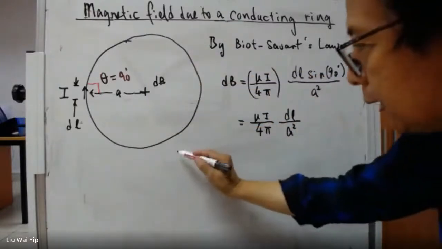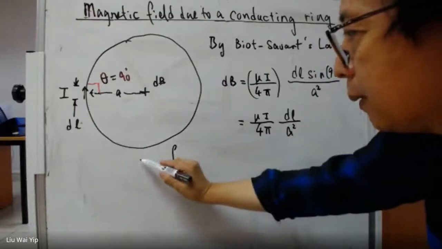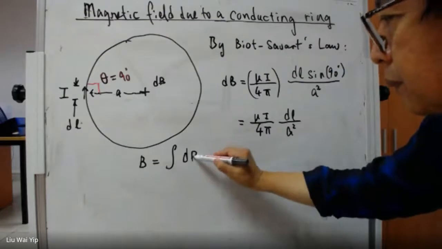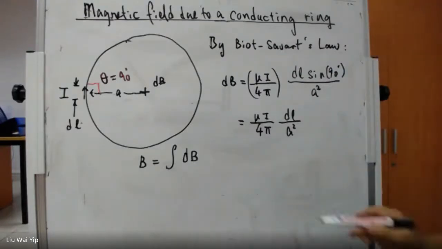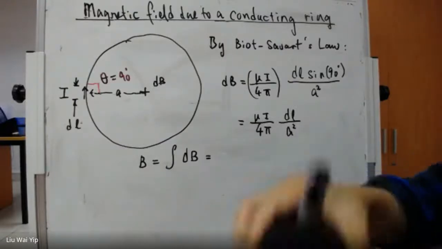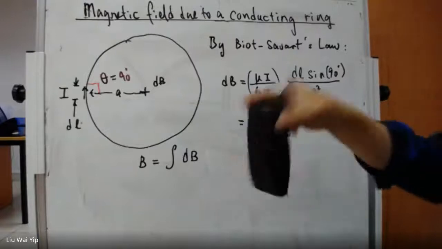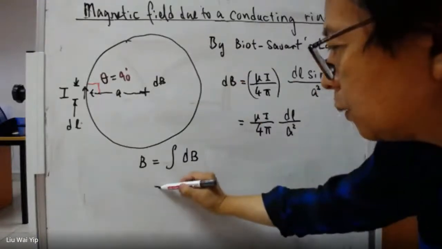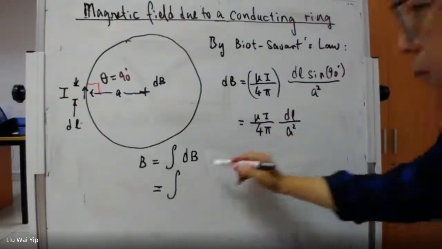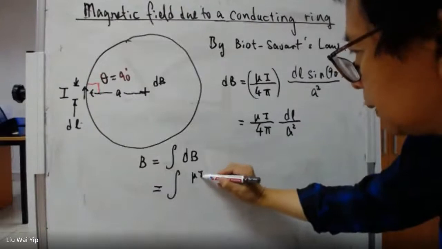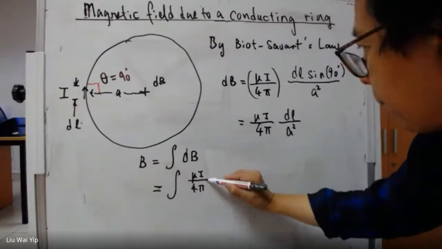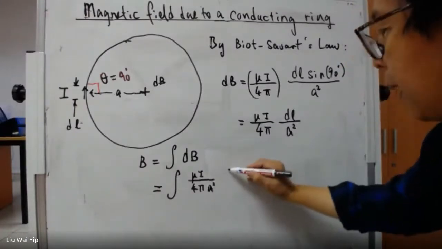The easiest thing that you can do is B is equal to the integral of delta B. In this case, we have already worked this out. The integral of B is equal to the integral of this expression, and then dl.